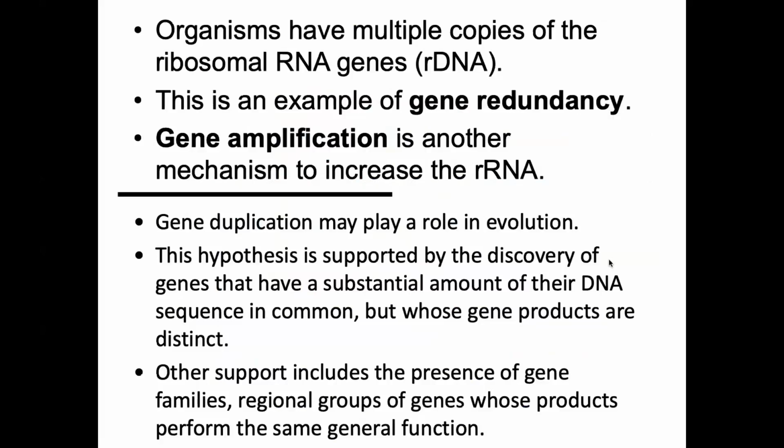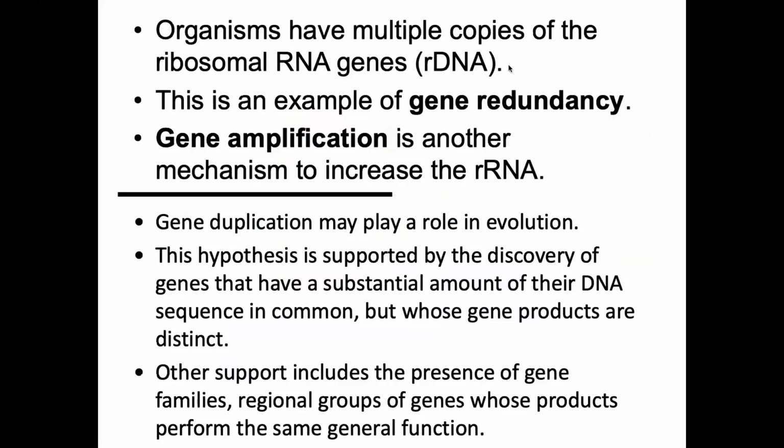So I'll just give you one, what I think is a good example of that, and it's the idea that in most higher eukaryotic organisms, what you find is that ribosomal RNA genes, rDNA genes, are highly repetitive. Multiple copies exist within the genome.